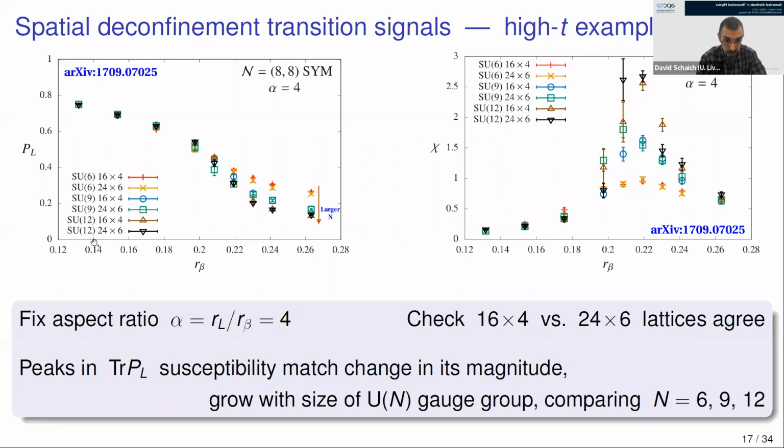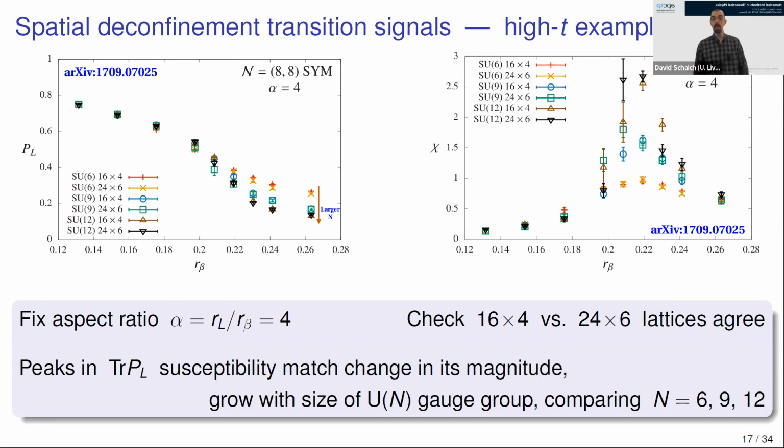And as we lower the temperature by increasing R beta on the horizontal axis here, there's a transition where the trace of the Wilson line becomes small and gets smaller as the number of colors increases towards the thermodynamic limit, where this transition becomes a true phase transition.